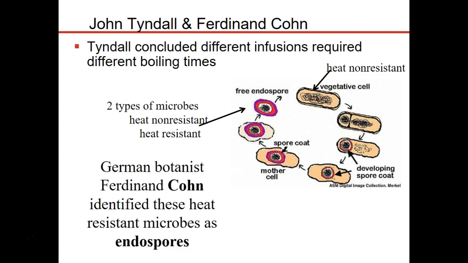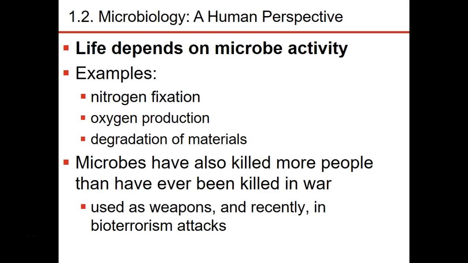And endospores are very commonly seen in barns because Clostridium often are found within cows or around cows in the dirt, in the fecal matter and everything. And Clostridium species are endospore formers. So this explained why there were differences from one experiment to another. If you don't use the exact same experimental design, the results will always vary.